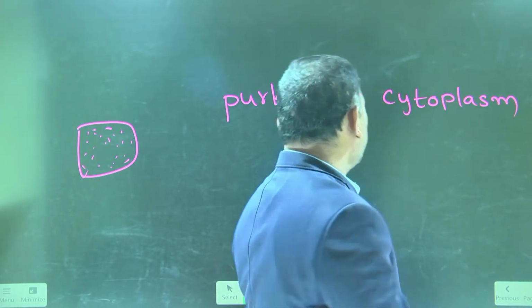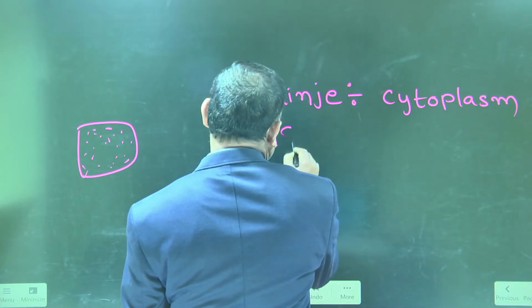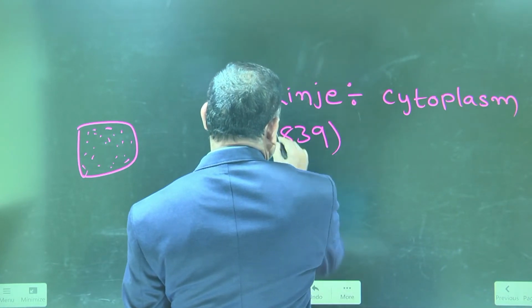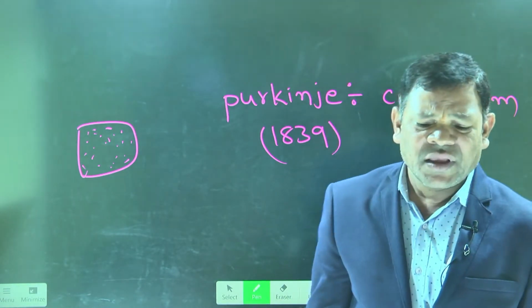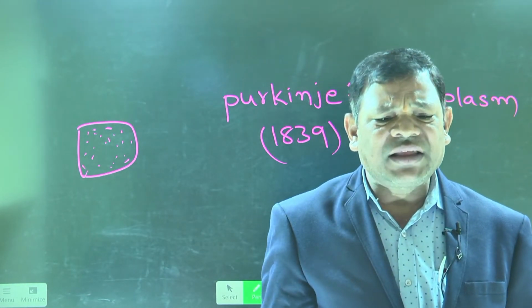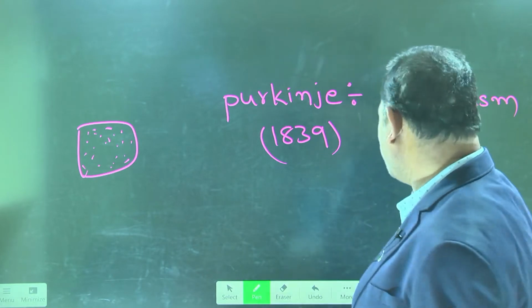Which year? 1839. So, who discovered the cell theory?